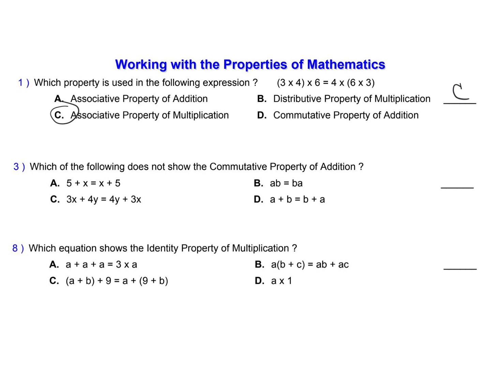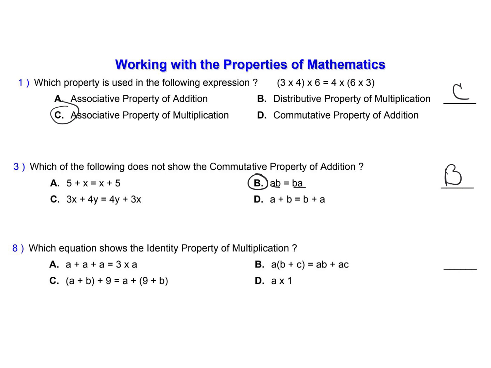Just to check, let me see if these other things, I'm going to take away my lightsaber, and let's see, we have 5 plus x, x plus 5, those have been swapped in their order, demonstrating the commutative property. We have 3x plus 4y, 4y plus 3x, those 2 things have been swapped. A and B have been swapped, B and A have been swapped, so that is showing that that's also the commutative property. So once again, I just confirmed that B is the answer because it is not showing addition.